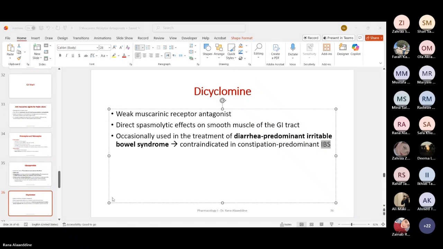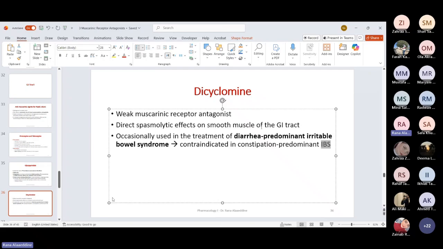So guys, IBS is a condition that happens to people at any age. Symptoms are bloating, and it can be diarrhea or constipation depending on the patient, and it's usually associated with stress. So patients have it when they're stressed usually.